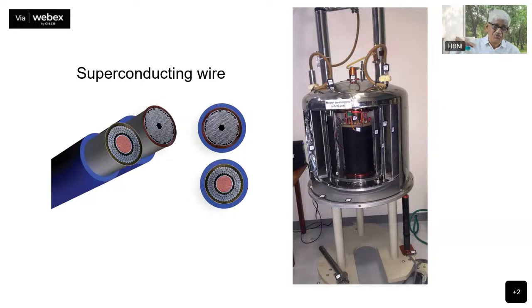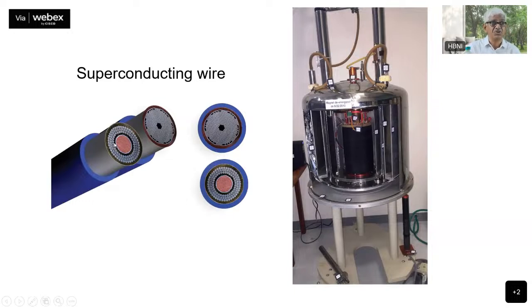So 64 layers of the superconducting wire are going through 1 centimeter of this. Suppose the wire is about 1 centimeter. So you already got 64 centimeters of wire from here, because 64 are there. That increases the length of the wire, the number of turns of the superconducting wire here. Therefore you can increase the current relatively easily.